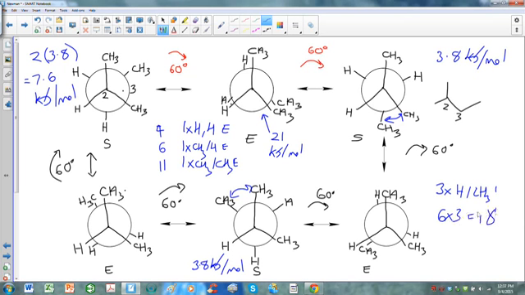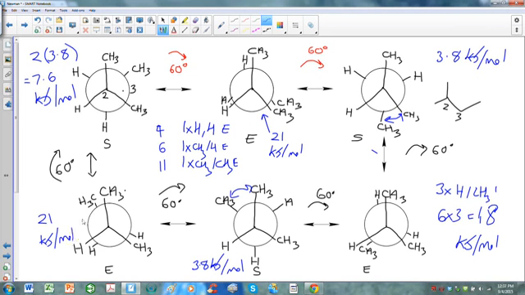Sorry, I don't know what's going on with my pen here. I think it doesn't like me or something. And let's have a look at this one. Can you see here we've got a hydrogen-hydrogen eclipsing conformation, an H and a CH3 eclipsing conformation, and then a CH3-CH3 eclipsing conformation, just like we have here. Therefore, this one also has an energy value of 21 kilojoules per mole.